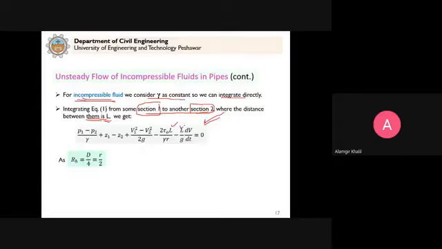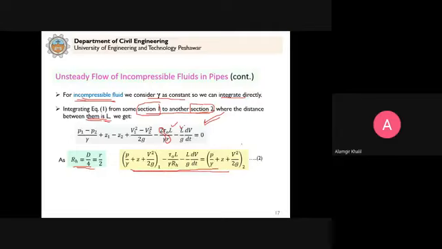So now we know that hydraulic radius is equal to D by 4. D is 2 times the radius, so R by 2, and now we can put this R by 2 here as the hydraulic radius. So we get this equation.